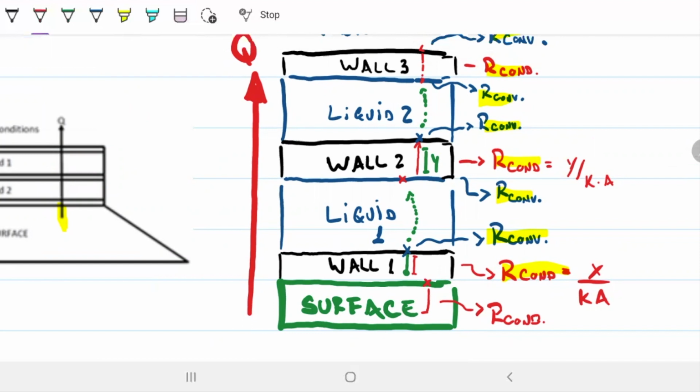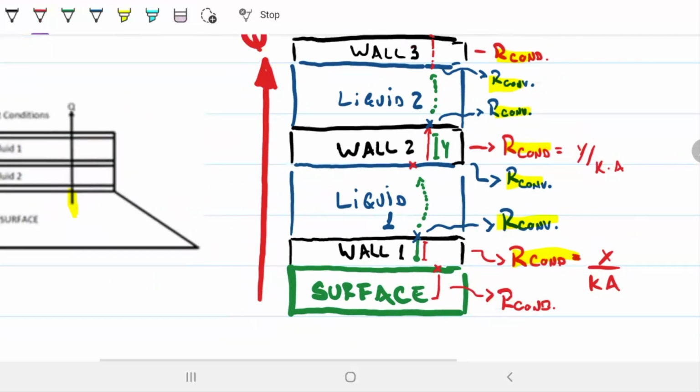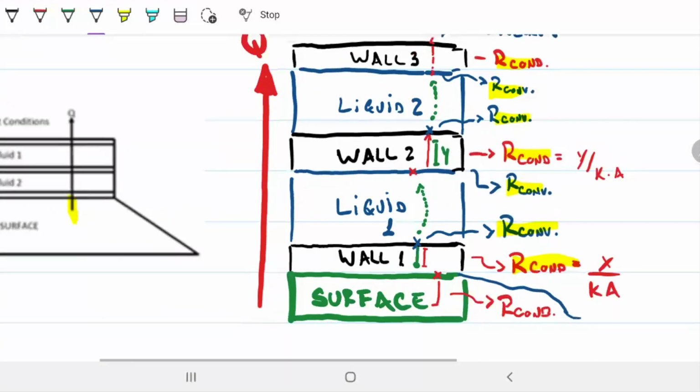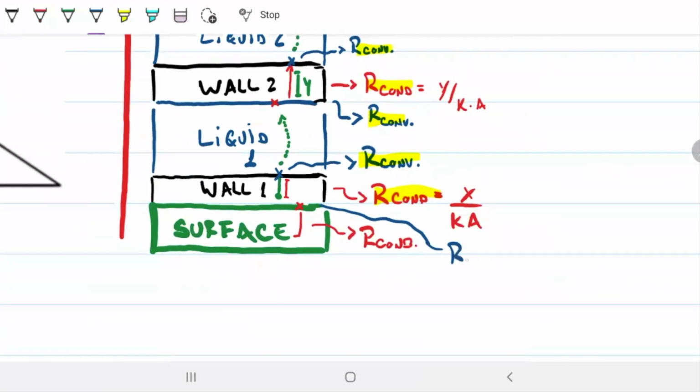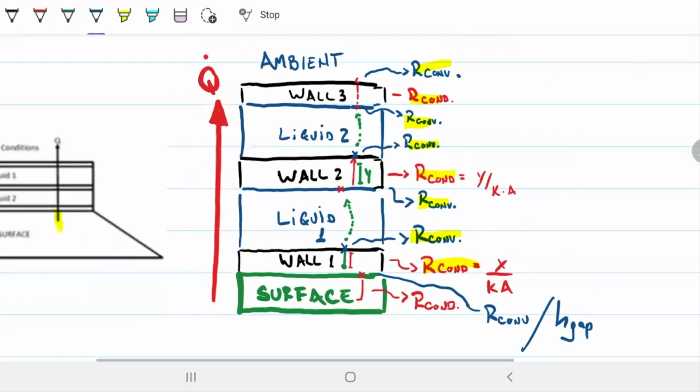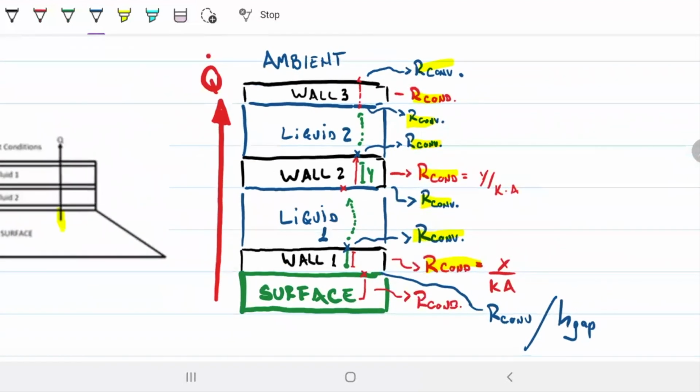But if we have any air pockets, any roughness, any air gaps like we studied before, there will be a resistance right here. That will be the resistance of the gap, which is also related to a convective resistance, or you can think of it as the gap coefficient that we learned before. So that would bring us to a total of 10. If this were an exam, you could argue this is 10 because of this and this and this, or you could argue this is 9, or you could argue this is 8, but the minimum is 8.